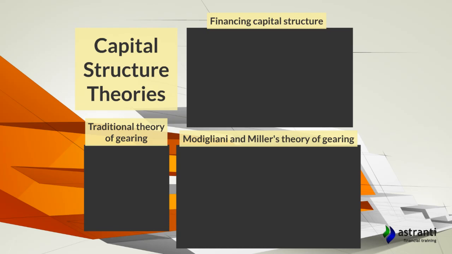So it's interesting as a way to really understand and get to grips with capital structure and gearing and trying to decide what's the right level of debt that a business should have. Ultimately, that's what this is about. Level of debt, level of equity. So let's get into financing capital structure.